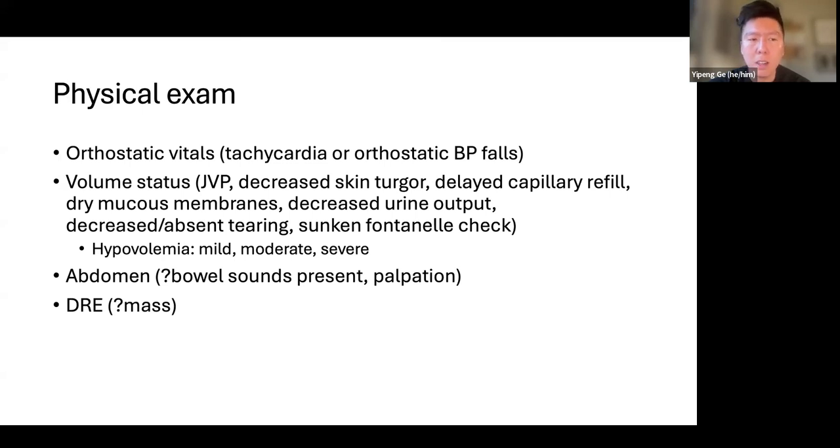Or if there's blood mixed with the stool or on wiping, it's usually quite helpful to do a digital rectal exam to see where that bleeding might be coming from, if you're even able to visualize it very briefly.